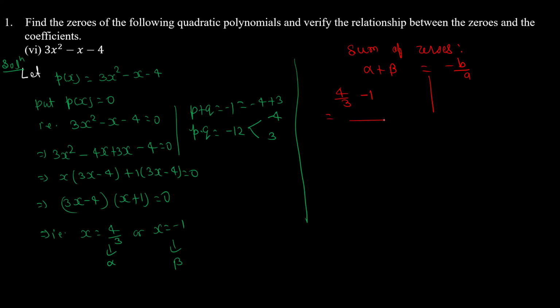So take the LCM, so we'll have 3, 4 minus 3, this is 1 by 3. Minus b का वैल्यू क्या है, -1, -1, a का वैल्यू क्या है 3, that is the 1 upon 3. b क्या है, ये coefficient of x, a coefficient of x square, c is the constant. So this is also verified.